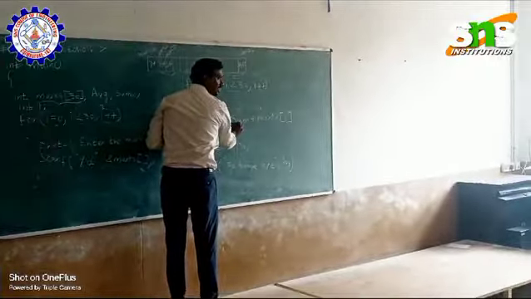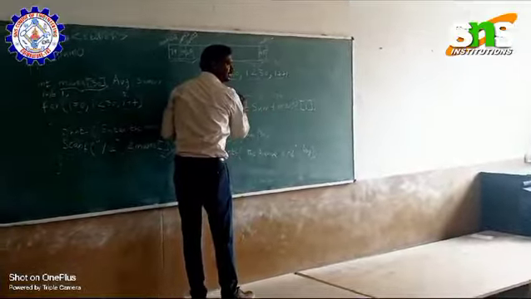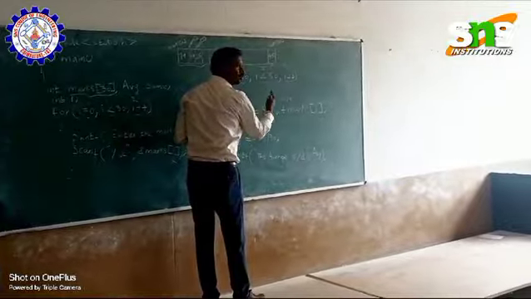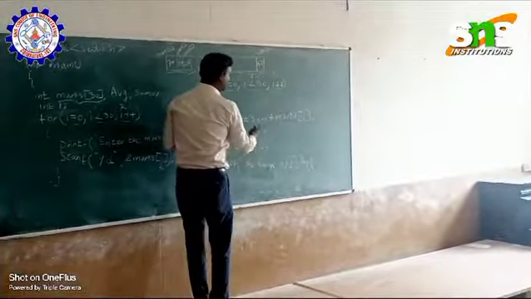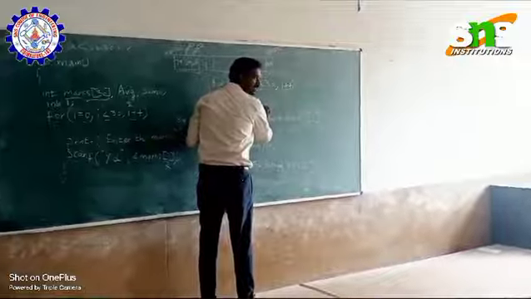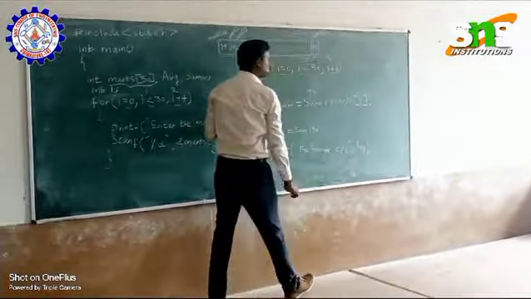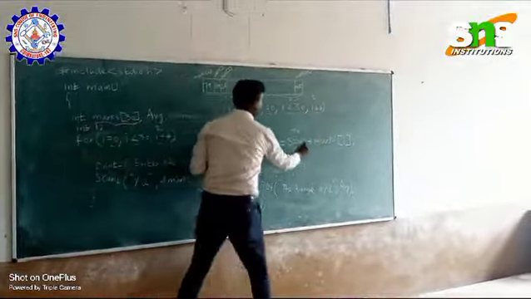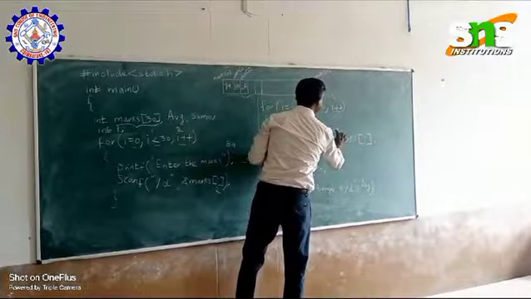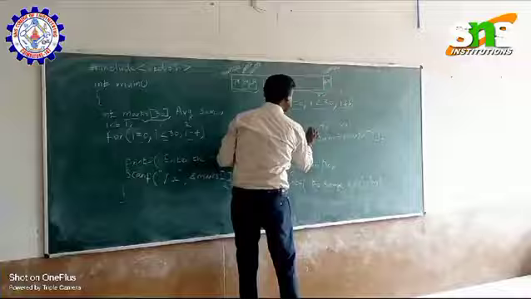Then again the statement inside the for loop is executed once. So what is the value of sum? 79. And what is the value of marks[1]? It is 89. So 89 and 79 are added and the result is stored in sum.